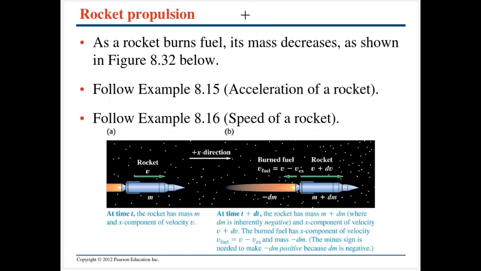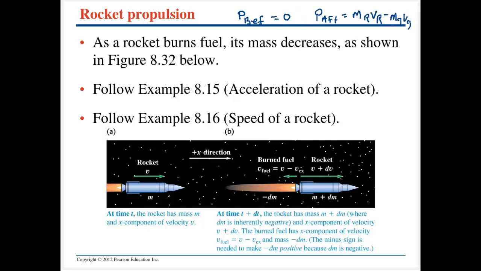So the last thing I want to talk about is rocket propulsion. Rockets are propelled simply using conservation of momentum. We're going to say that a rocket is initially at rest, and so it's going to have a momentum beforehand equal to 0, and then afterwards it's going to have a mass of the rocket traveling at some velocity, and a mass of the gas traveling at some velocity.